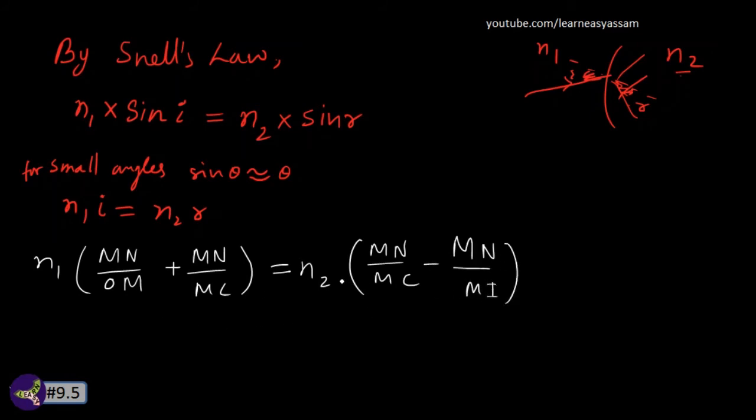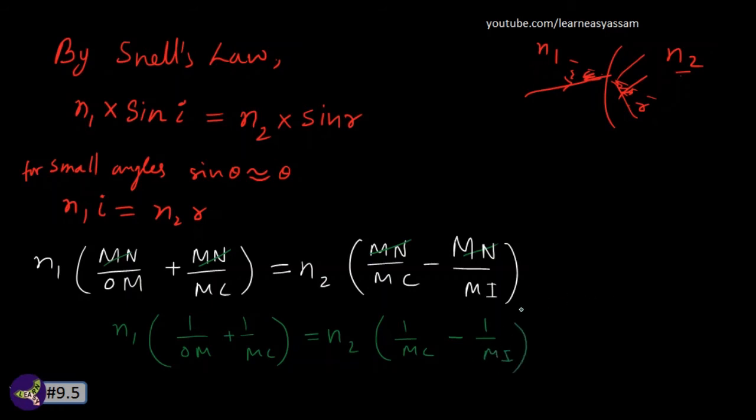So this is the relation. Here you can see MN is common everywhere, so we can cancel it out. So we will get N1 times (1 by OM plus 1 by MC) equals N2 times (1 by MC minus 1 by MI).